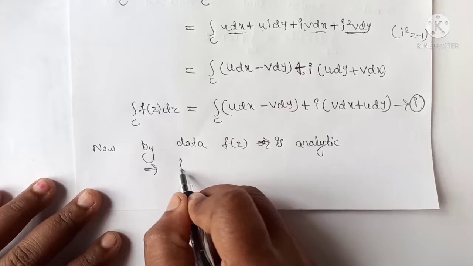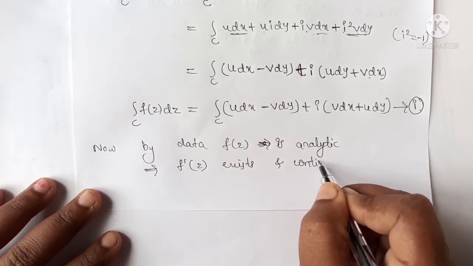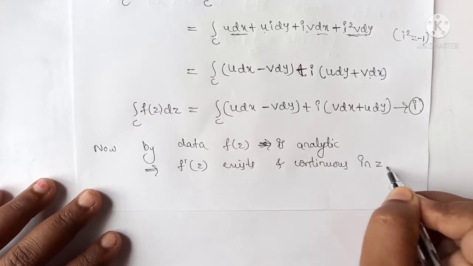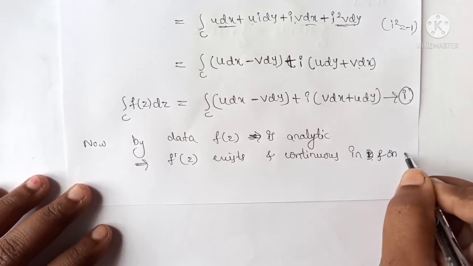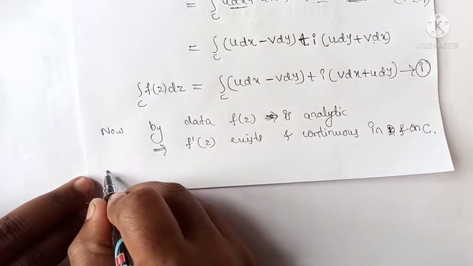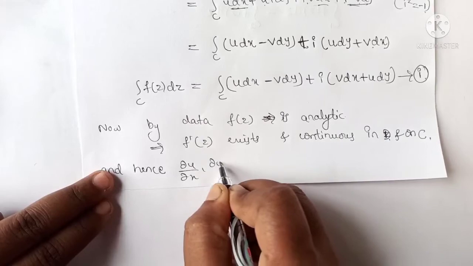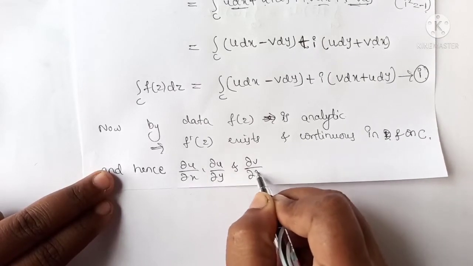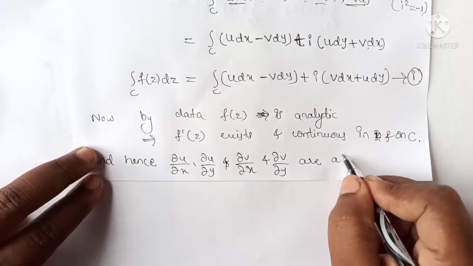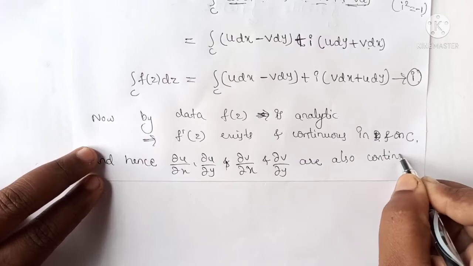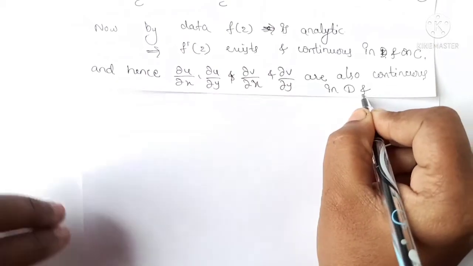That is, f dash of z exists and is continuous in D and on C, and hence the four partial derivatives, that is dou u by dou x, dou u by dou y, dou v by dou x, and dou v by dou y, are also continuous in D and on C.